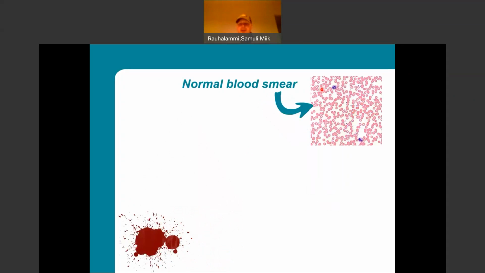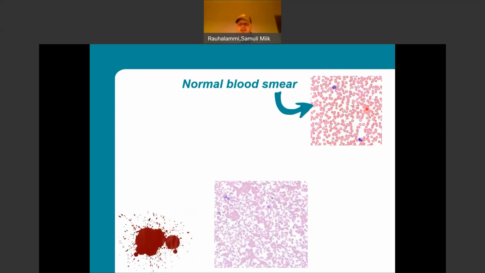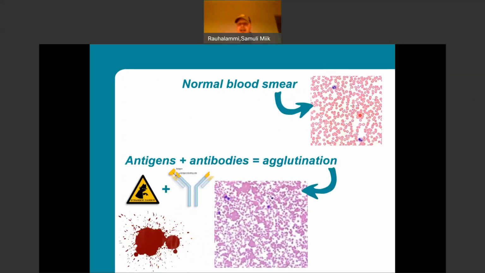So here we have a normal blood smear. This is what your blood should normally look like. You can see a lot of red blood cells, these nice rounded flattened discs evenly spaced apart. If you have antigens and antibodies that are reacting against each other, so here we have foreign antigens that have entered the body with the red blood cells from a donor, and your antibodies are now attacking these foreign antigens, what will happen is known as agglutination.